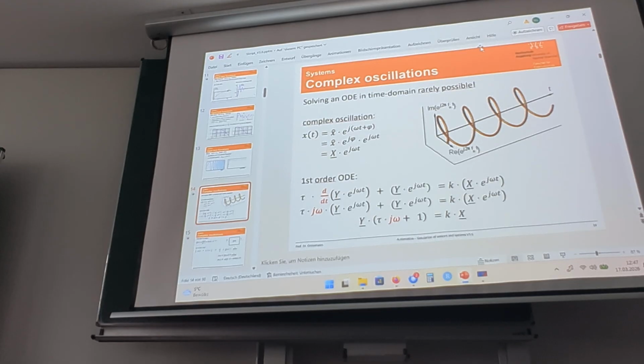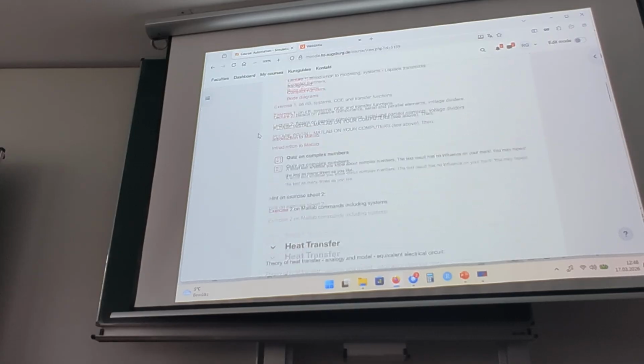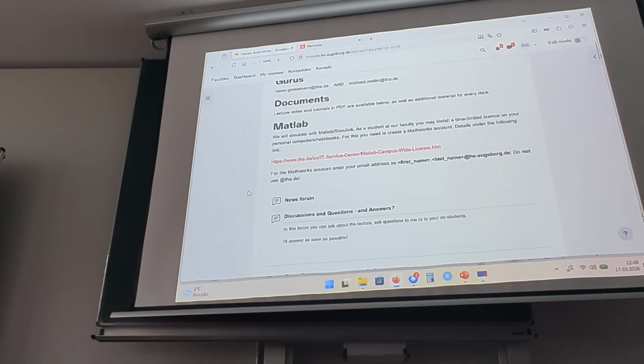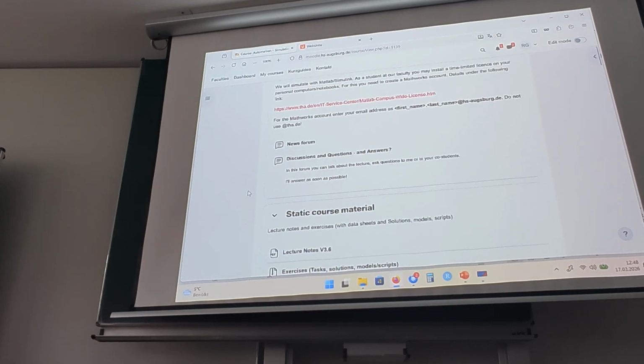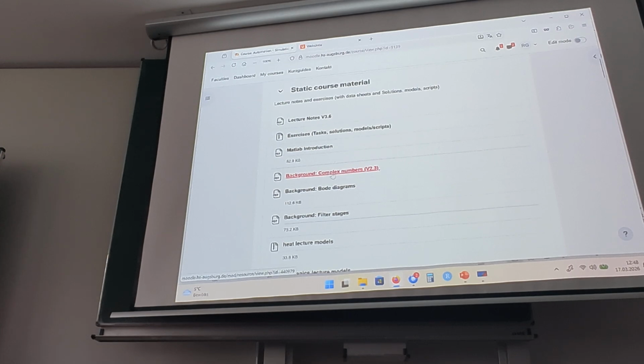I think we cannot cover everything, so I would ask you to have a look at the background material. We have here in the Moodle course something about complex numbers. It sounds complex, but it's not so bad. So we have here static material, background complex numbers. Here it's just some slides.